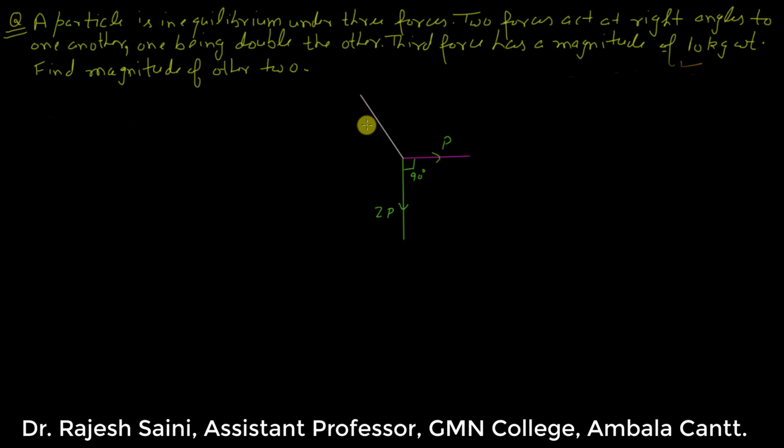Say this is the force, given as 10 kilogram weight. And these three forces are concurrent at point O. At this particular point they are acting, and these forces are given to be in equilibrium.